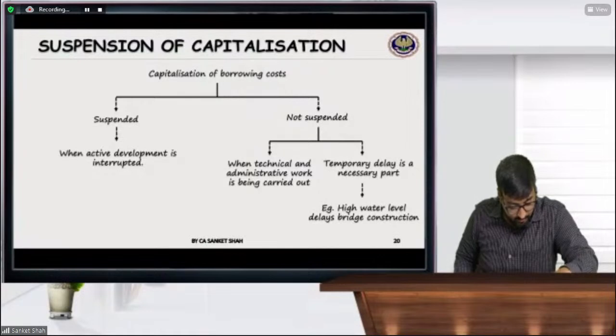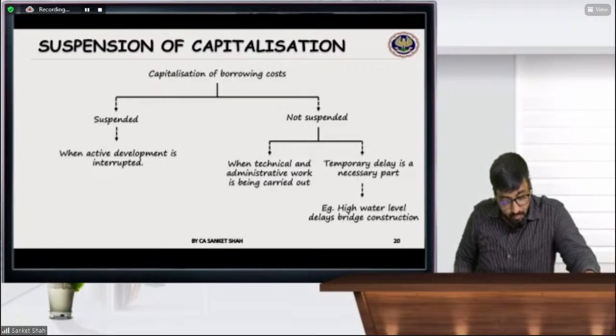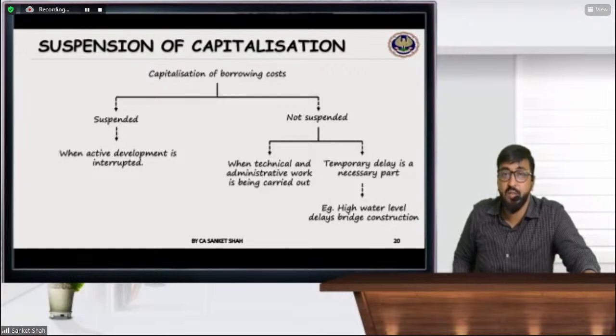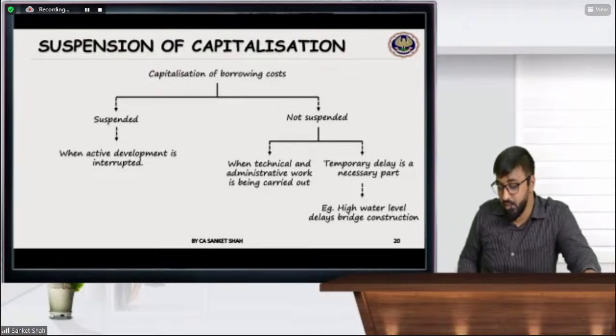Yes, yes beta, you can consider, beta Vikasji. So what is suspension versus cessation? Yes, can you tell me what is the suspension versus cessation?